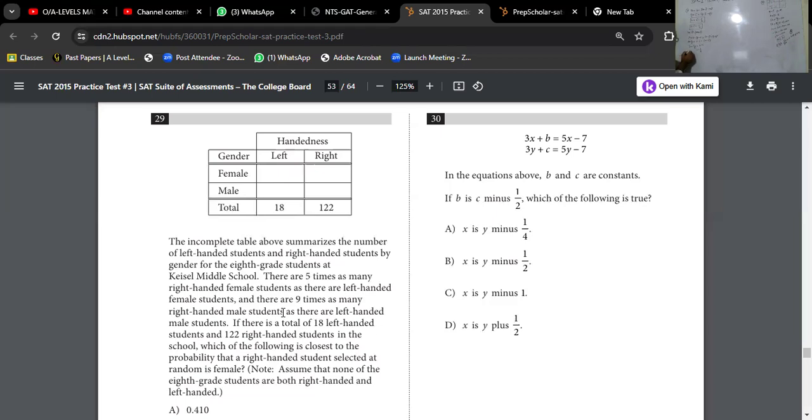So 2x minus 2y is equal to this, or x minus y is equal to minus 1 over 4, or x is equal to y minus 1 over 4, if we make x the subject of this equation.